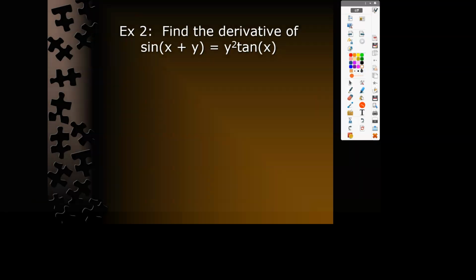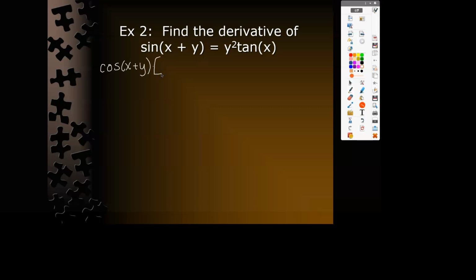So we apply the chain rule to start, which says derivative of the outside. So derivative of sine is cosine. Times the derivative of the inside. I tend to put the inside in brackets because otherwise we drop or lose things.